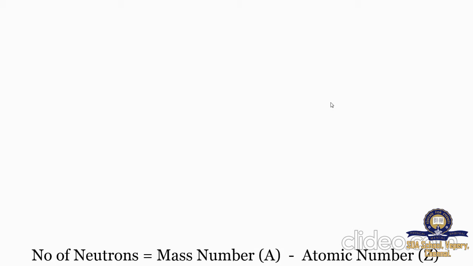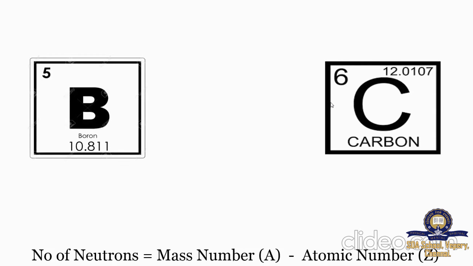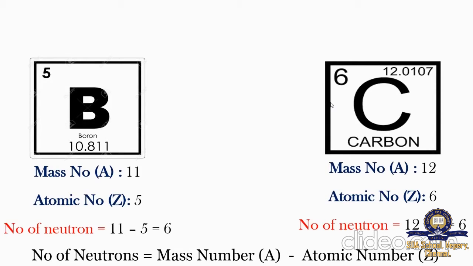Now let us take two elements, boron and carbon. We are going to find the number of neutrons in boron and carbon. We know that for boron the mass number is 11 and the atomic number is 5, whereas for carbon the mass number is 12 and the atomic number is 6.